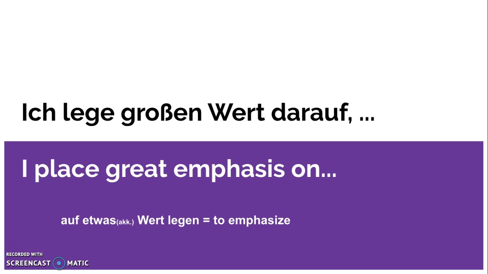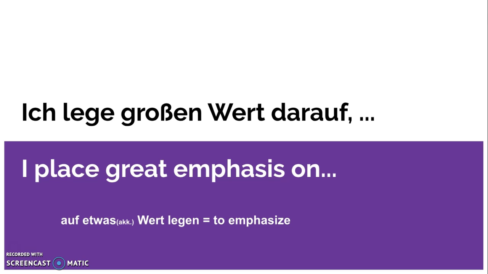Our next one, ich lege großen Wert darauf. And the verb means to emphasize. Auf etwas Wert legen. In this phrase, though, we're saying to emphasize something. So literally it's meaning to put a lot of worth on something.